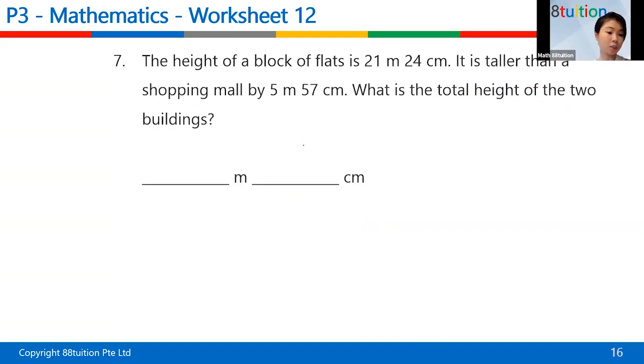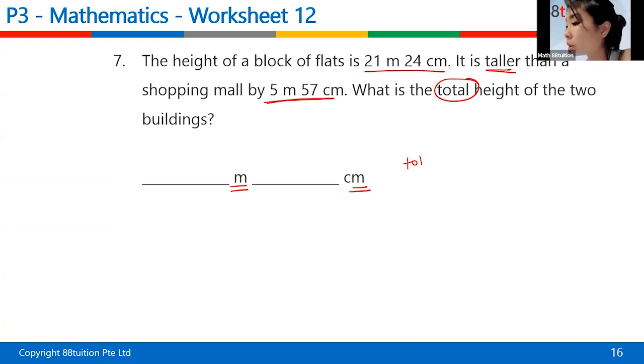All right, next question. The height of a block of flats is this height. It is taller than a shopping mall that is this height. What is the total height of the two buildings? Once again, in meters and centimeters.